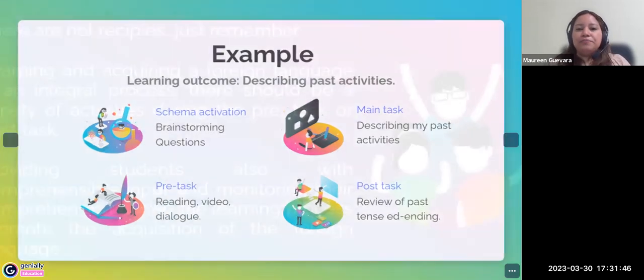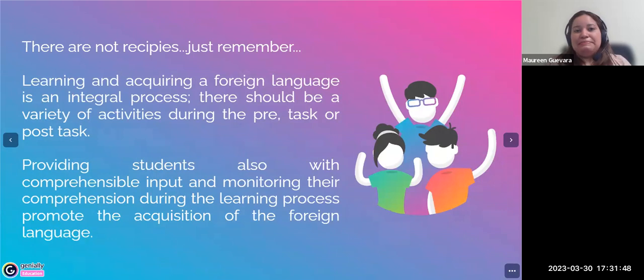Okay, now there are no recipes, and that is very important. What works for me, probably it's not going to work, or probably yes, to others. But that is why it's important that when we are teaching a foreign language, we need to implement a variety of activities during the pre, the task, and the post task, so that our students are exposed to the language in different contexts, and so that we can also promote different abilities.